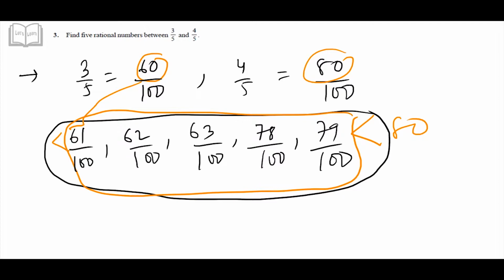You can do it in a different way also. It is not necessary to multiply by 20. Let me frame this question in a different way. Suppose I'm asked to find 2 rational numbers between 2 by 7 and 3 by 9.